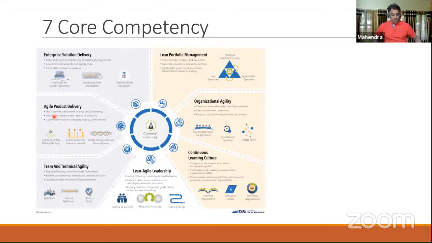Now, as I mentioned at the start, we'll be talking about the 7 core competencies today. These are the seven core competencies that SAFe is built on. It is seven competencies across 21 dimensions. We'll see what the 7 and 21 are in due course of this webinar.